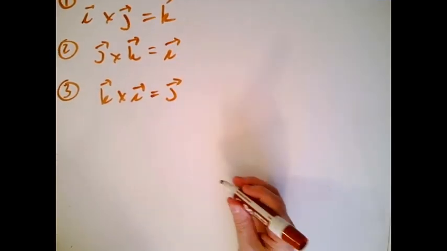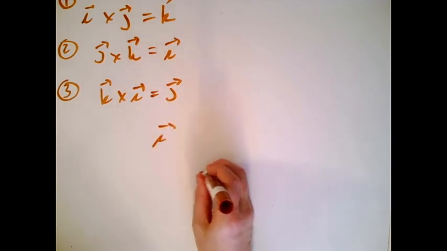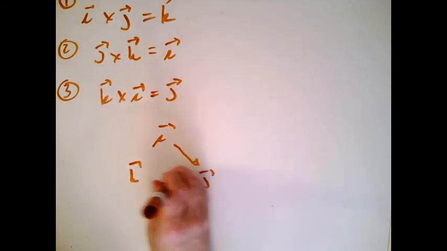The way people remember this usually is something like they'll put a little I here, and they'll put a little J here, and they'll put a little K here, and then just put arrows between them. The arrows are not vectors.